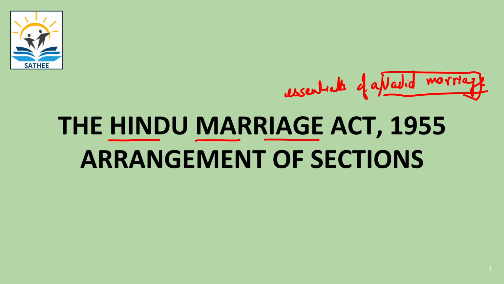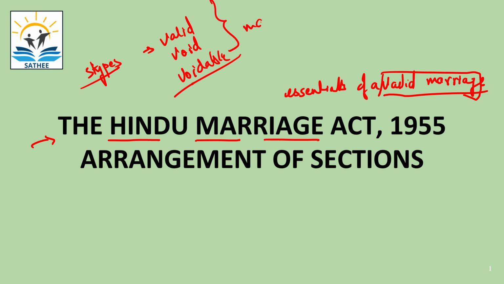We have studied in contract that there are three types of marriages. First is valid, second is void, and the third is voidable. So when you talk about Hindu marriages also, these types of marriages are there.